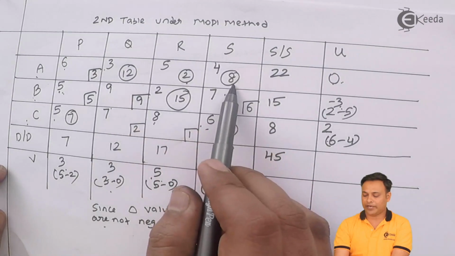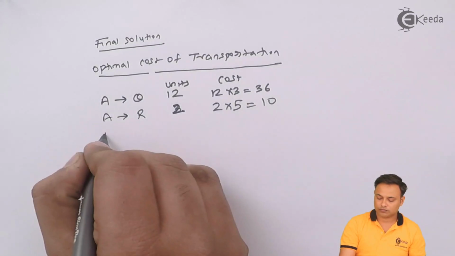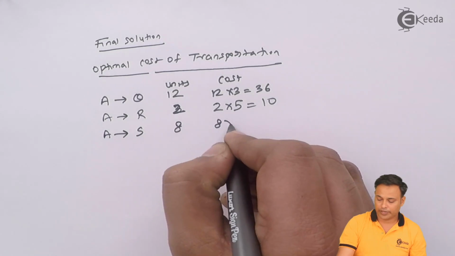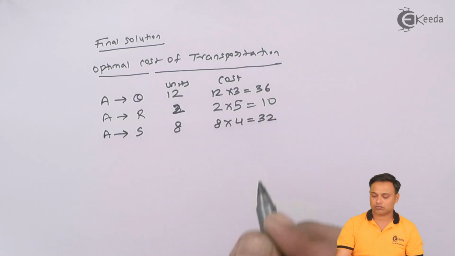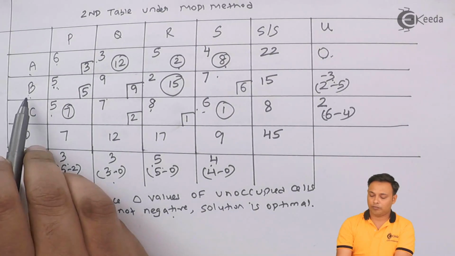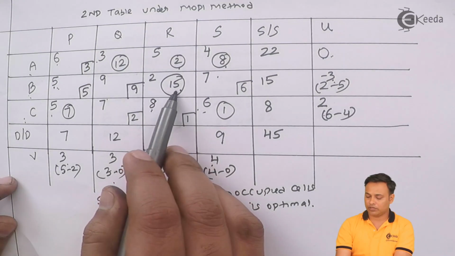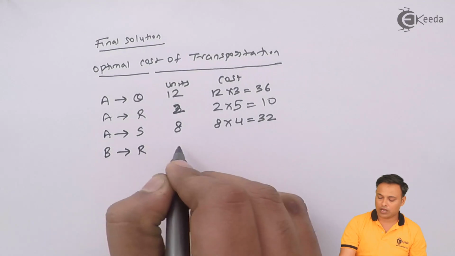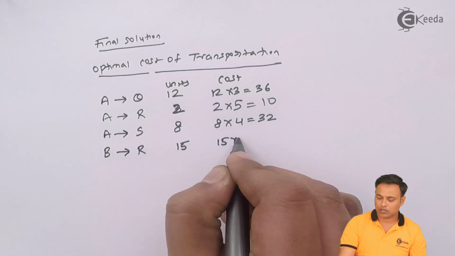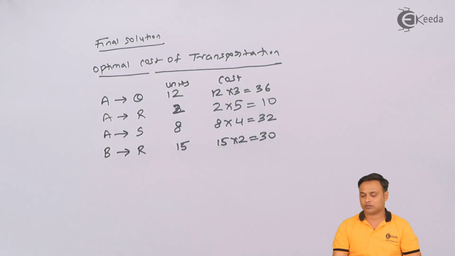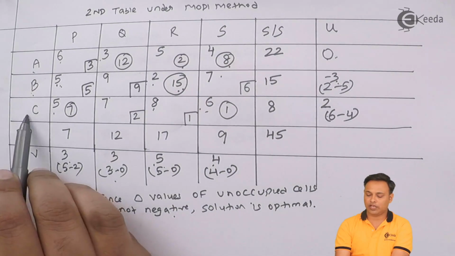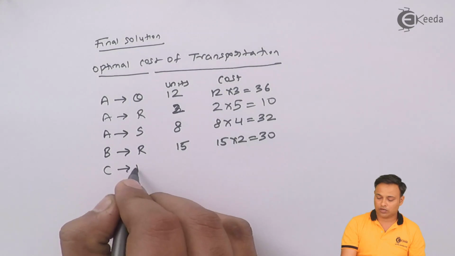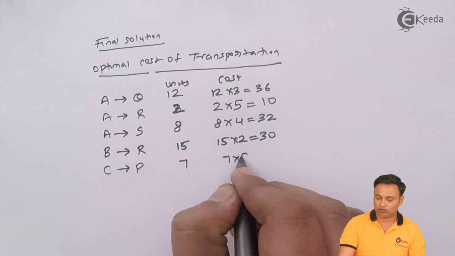A to S 8 units, cost is 4. So 8 into 4 it will be 32. B to R 15 units at 2 rupees per unit. Then we have C to P 7 units at 5 rupees.